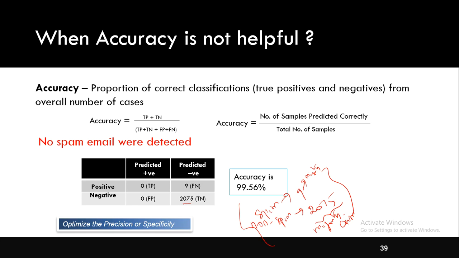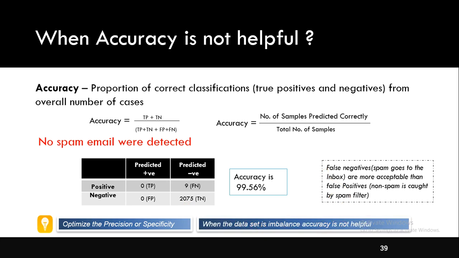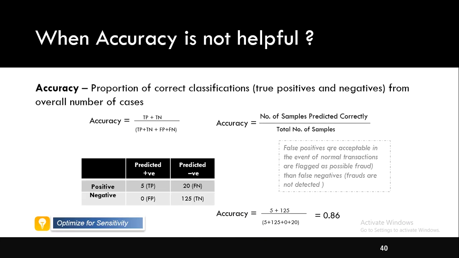The non-spam emails will be pushed to your spam folder. In that case, the email user might tend to miss out the important emails. In this case, the false positive cost is very high. It cannot be affordable. In that kind of situation, precision can be used.